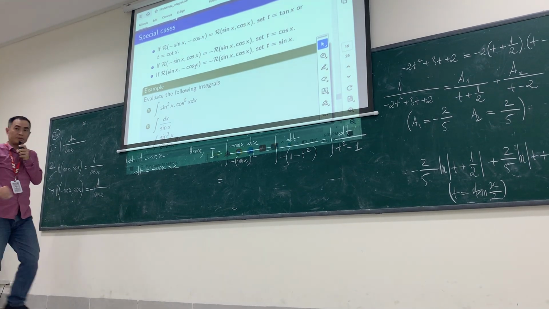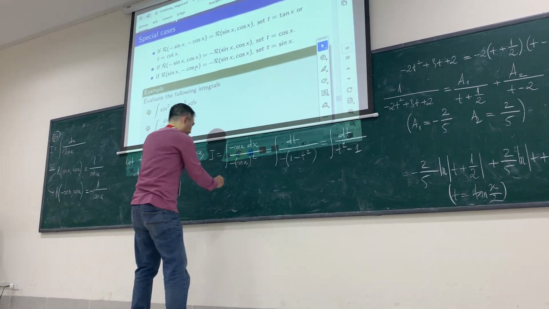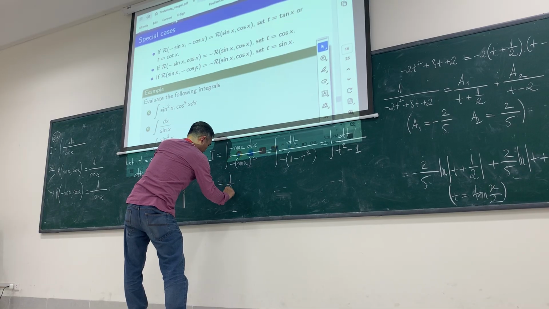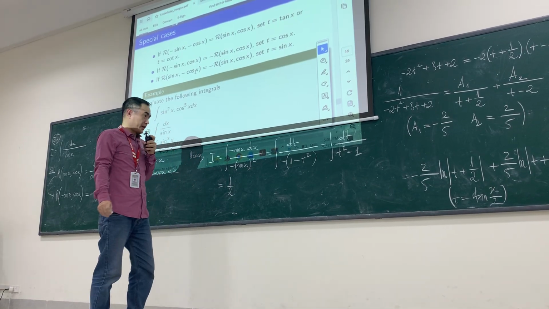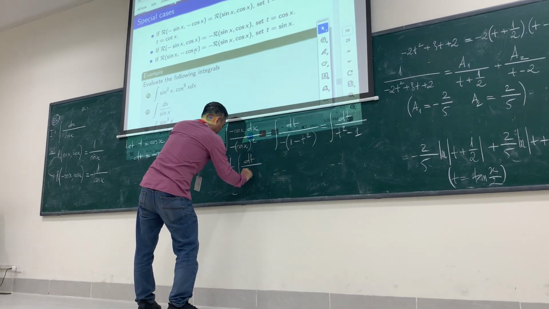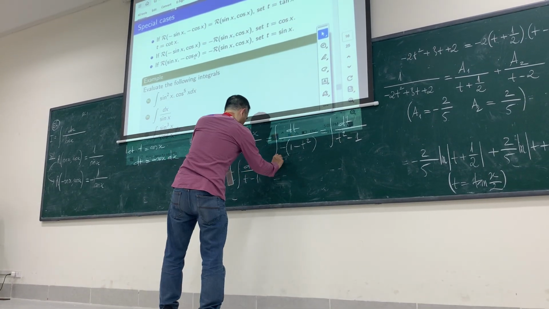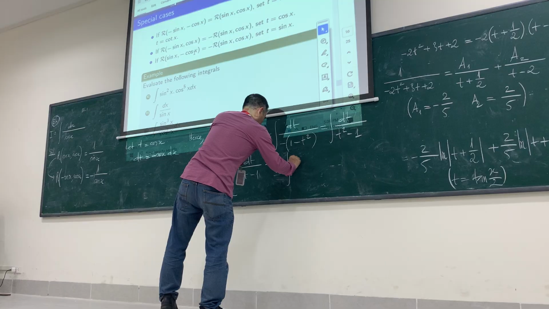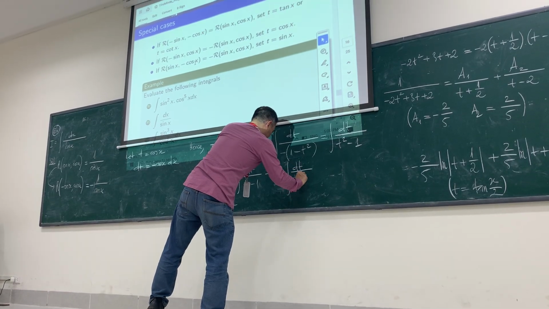Okay, the value is equal to 1 over 2 integral dt over t minus 1 minus 1 over 2 integral dt over t plus 1.